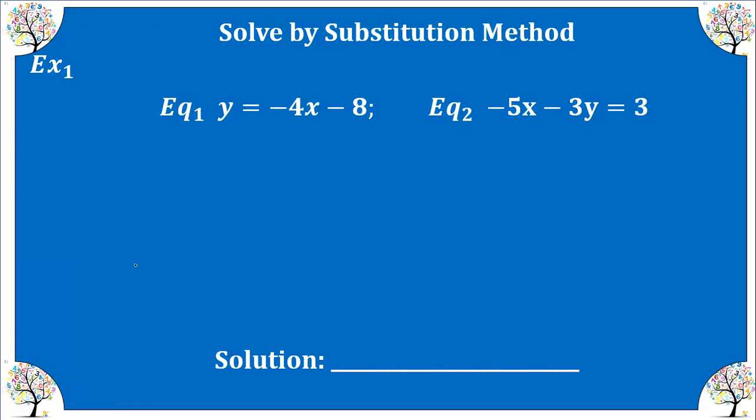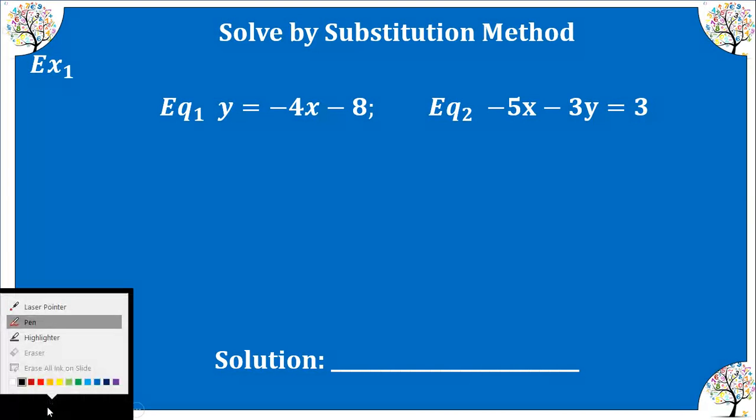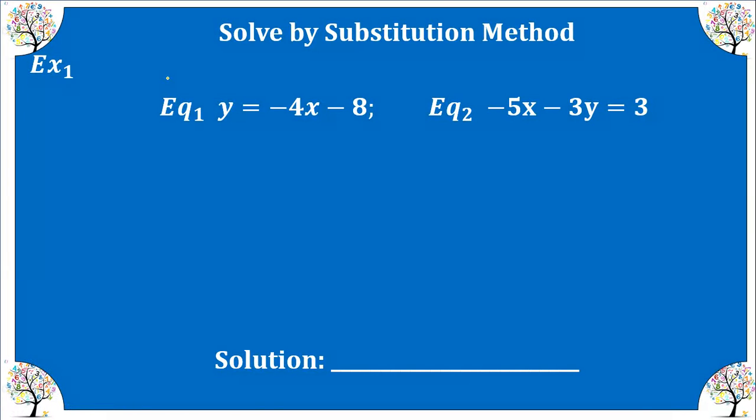So let's just practice. So here's our example 1. And the first thing that we ask is, is one of the variables isolated? And we can see that in equation 1, y is isolated, so we're good to go.